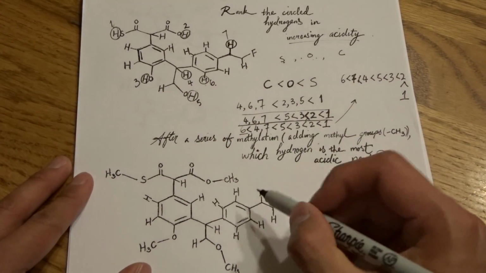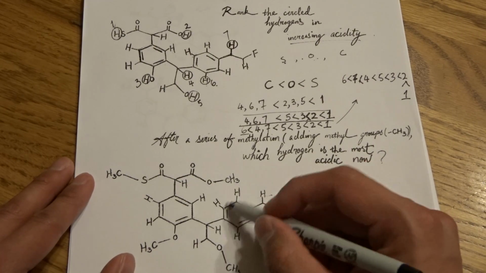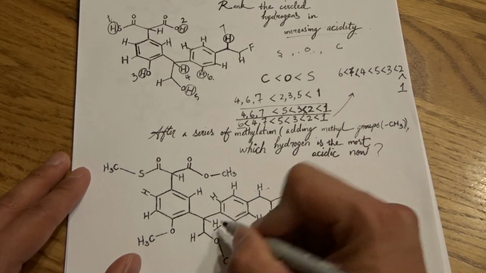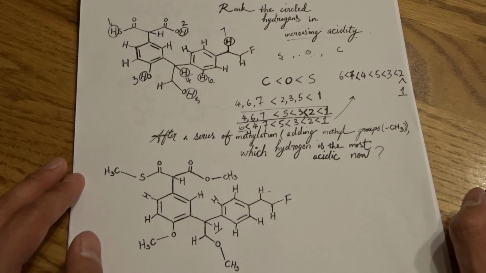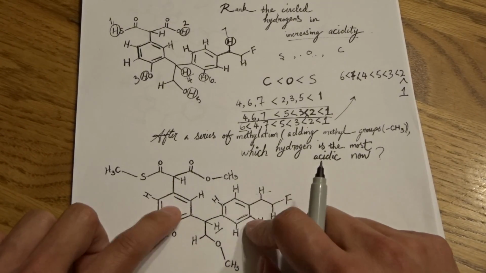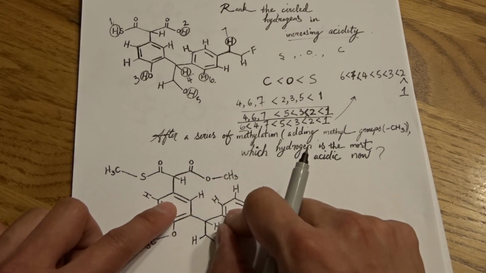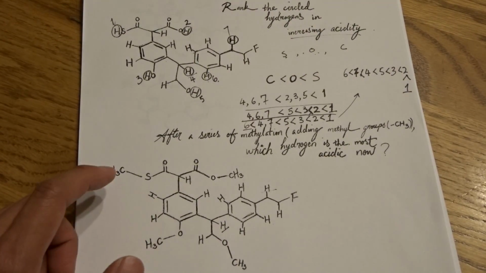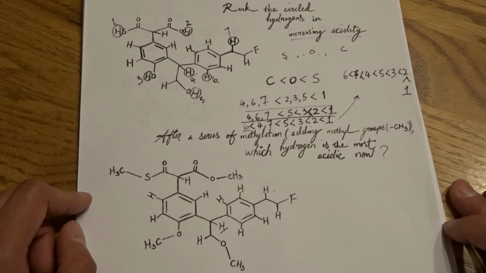And we say that it can only resonate into and around this ring to its left. And this hydrogen is the same as this hydrogen right here, and it can resonate between these two rings. It can resonate into the ring to its left, and it can also resonate into the ring to its right. So that's doubling the resonance structure. So that's even more stable.